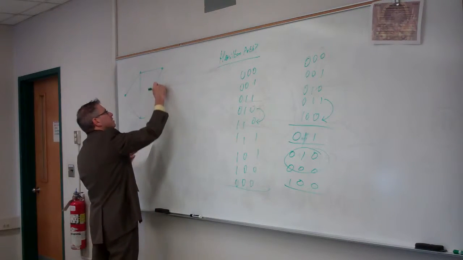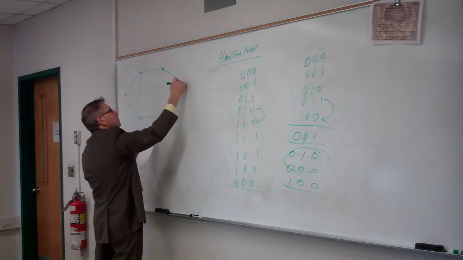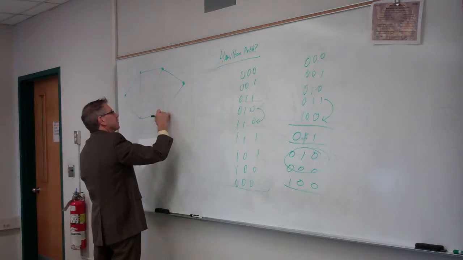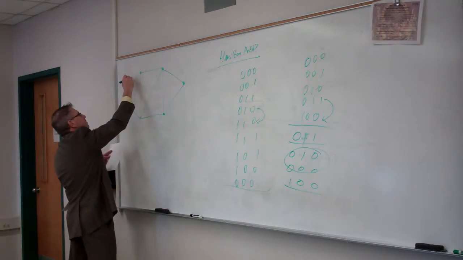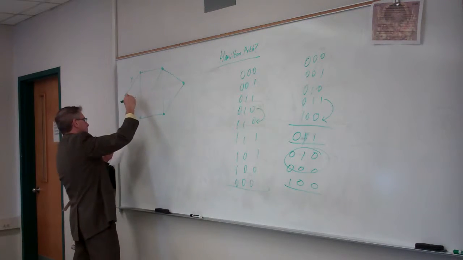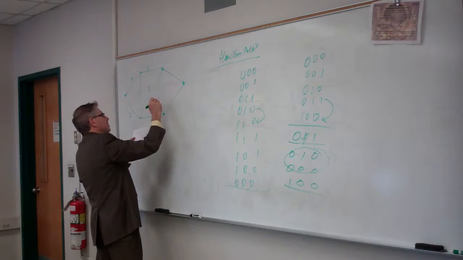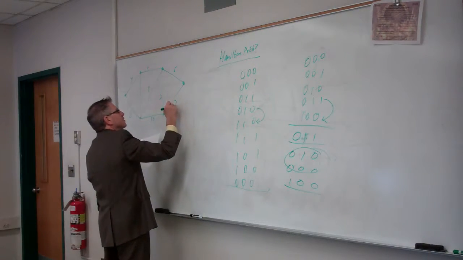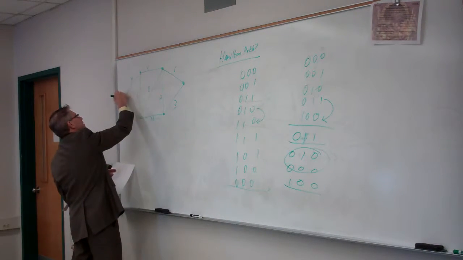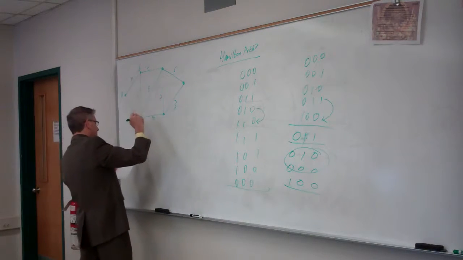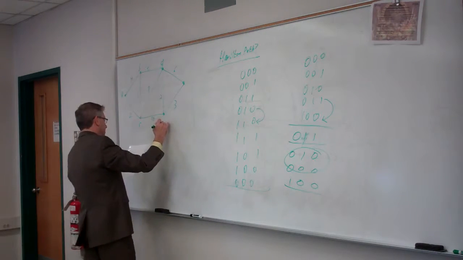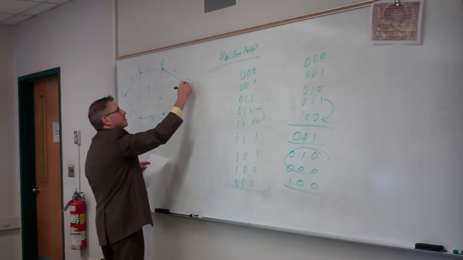And this is not a magic graph, it's just one that is not quite totally obvious. So here's some expenses along these edges: 4, 2, 1, 5, 8, 10, 2, 6, 3. I'm going to call these A, B, C, D, E, and Z.